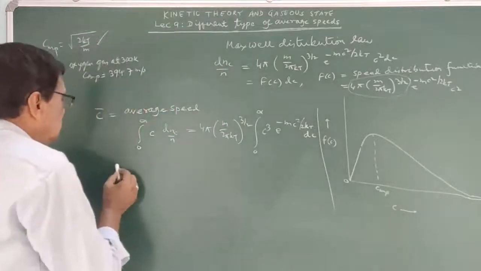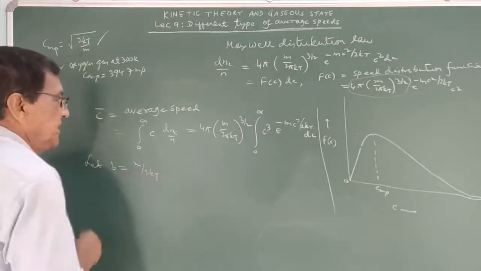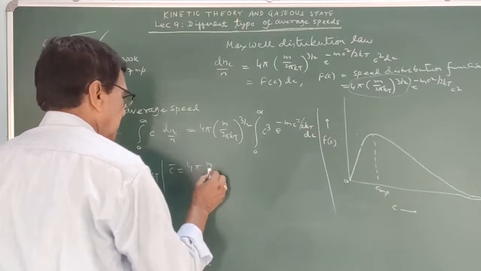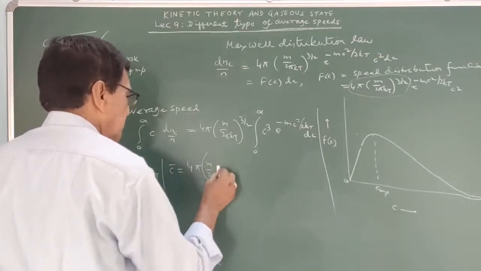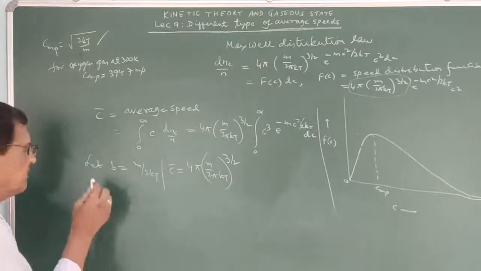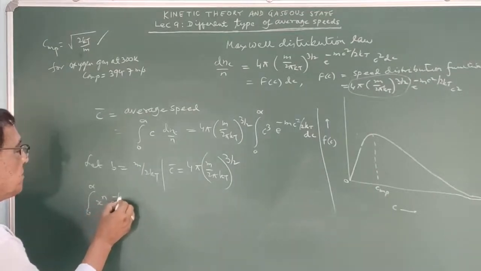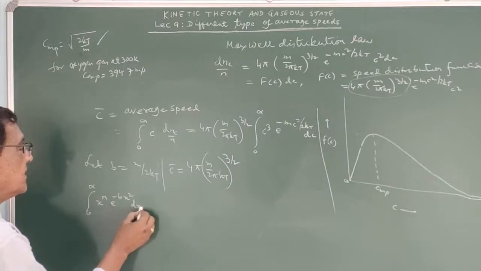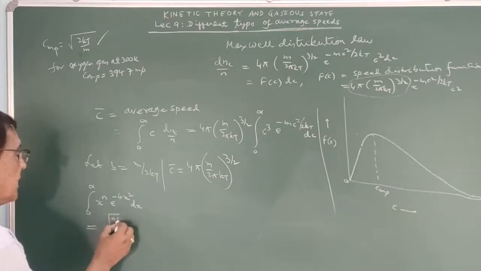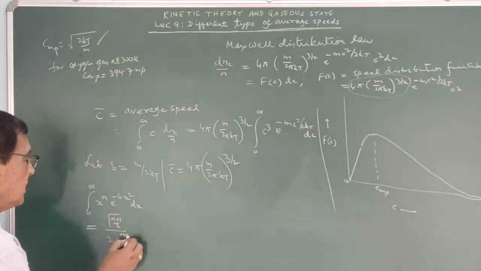This integration you can solve very easily by the use of the gamma function. Let b equal to m by 2kT. Then C bar equals 4 pi (m by 2 pi kT) to the power 3 by 2, and I have also given you that the integration from 0 to infinity of x to the power n e to the power minus b x square dx is equal to gamma of (n plus 1) by 2, divided by 2 b to the power (n plus 1) by 2.